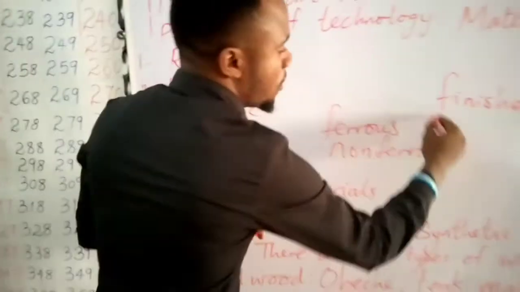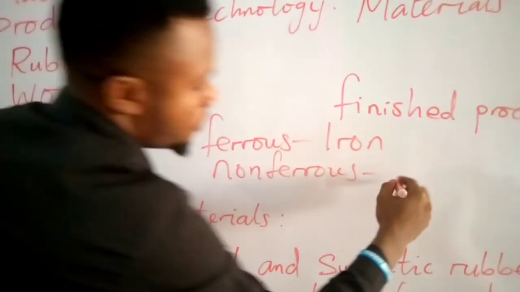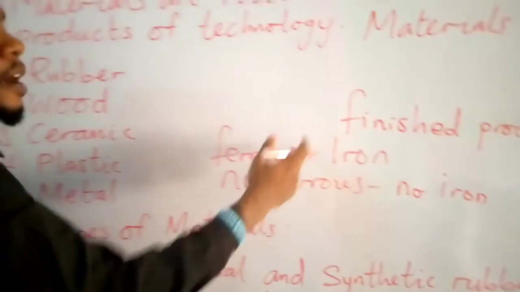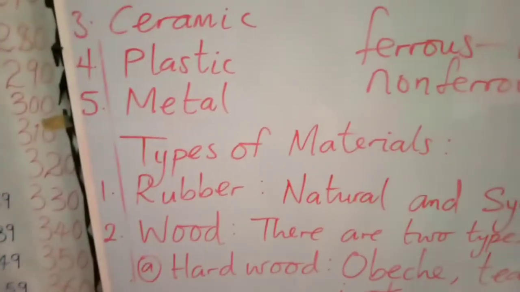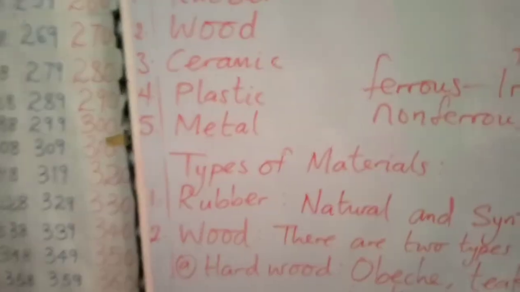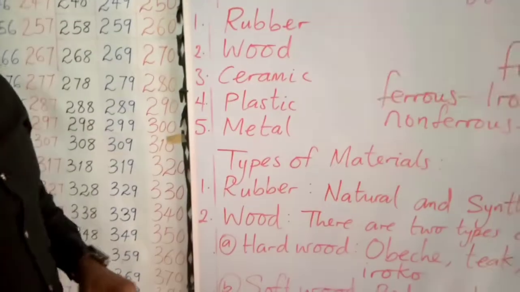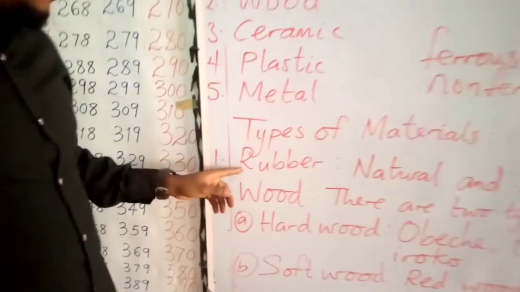These contain what? Iron, and these don't. No iron here. So this contains iron, this doesn't. So we have types of materials on the board. Now we'll be going through these materials and how to identify these types of material if you find one in your house. So we have number one, rubber.